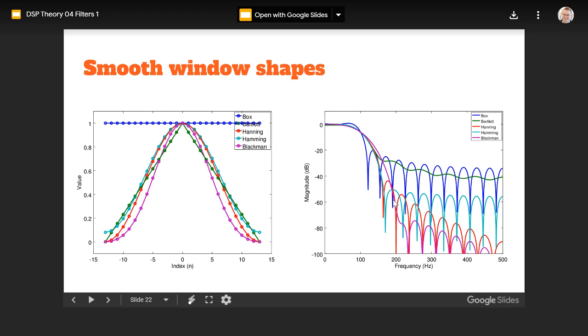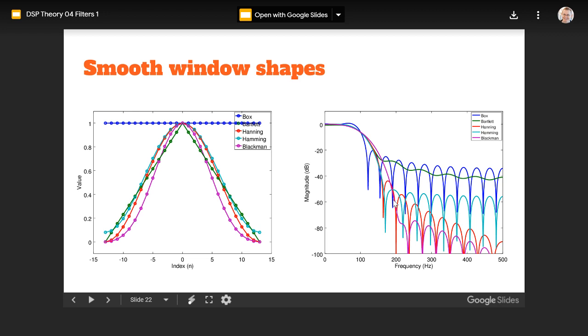The third parameter would be, well, the shapes don't change much, but what we can do is to multiply the time. Multiplying of time is dividing of frequency.